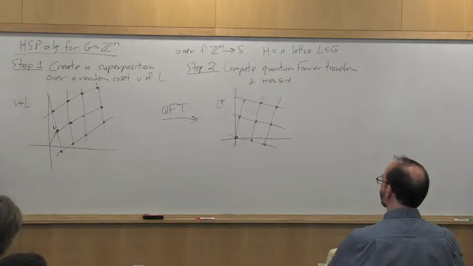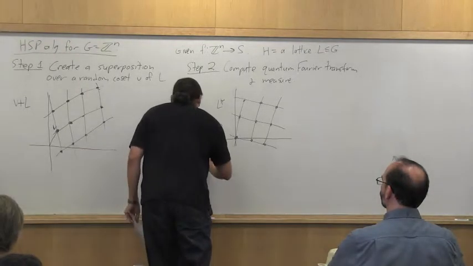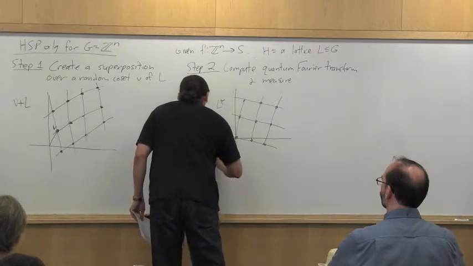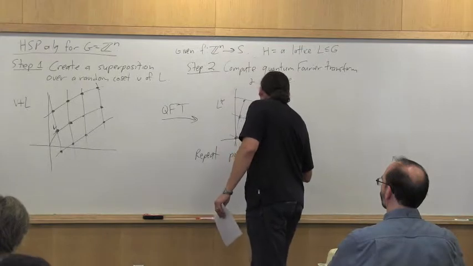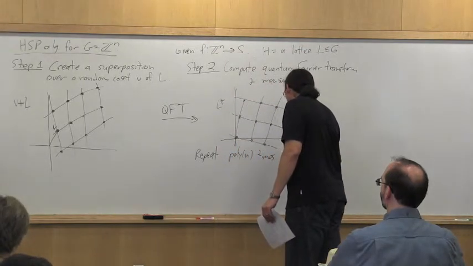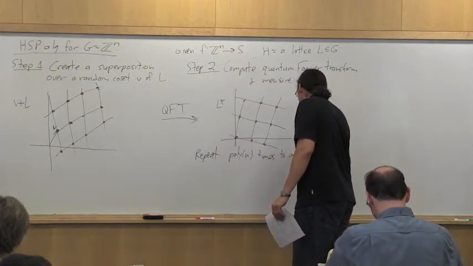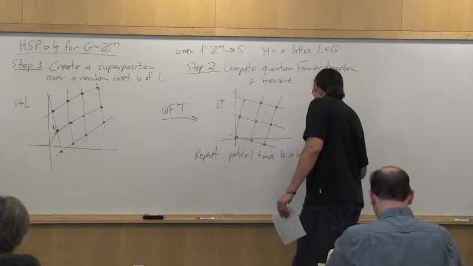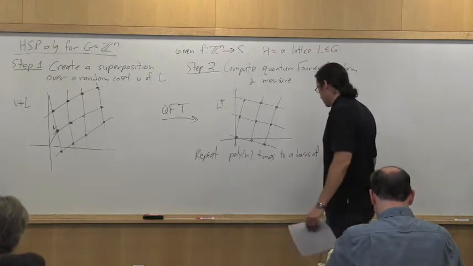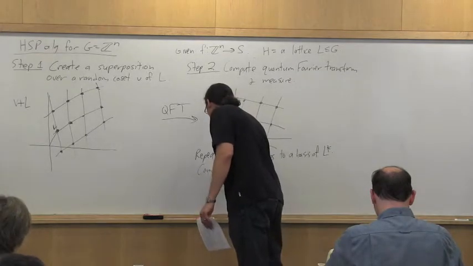Yeah, that's right. So we repeat polynomially many times, n times, to get a basis of L star. And then compute L from L star.